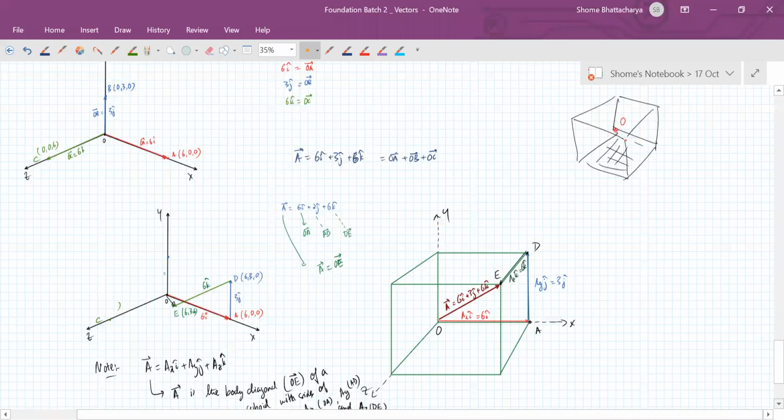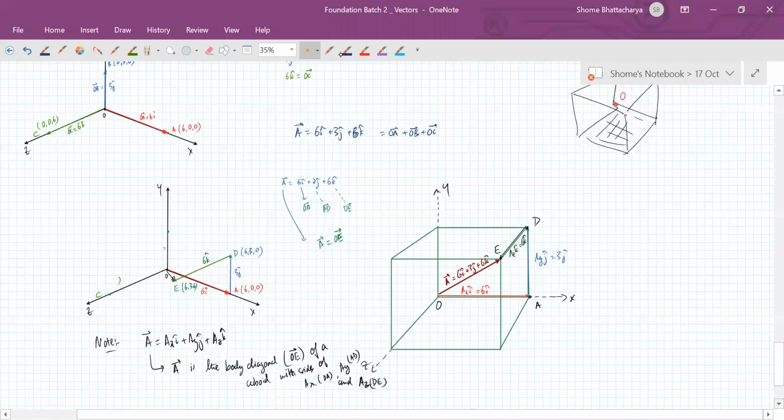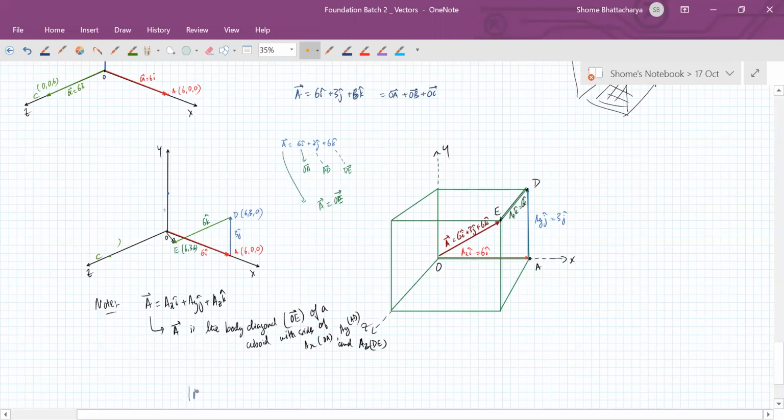Now, how to justify this fact that the magnitude of the vector is given by that formula? Why should the magnitude of the vector be square root of ax square plus ay square plus az square?